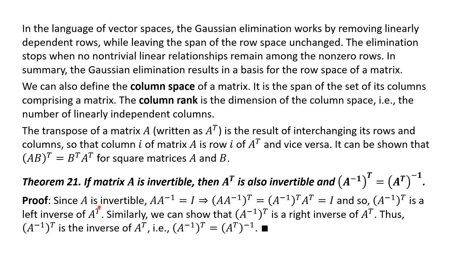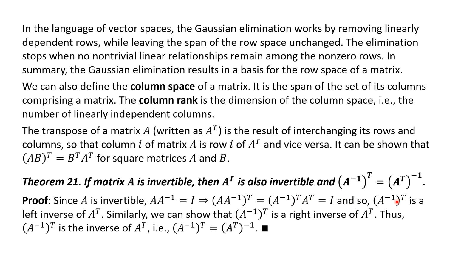So since A is invertible, by definition, that means that there's some matrix, which we call A minus 1 or A inverse. When we multiply it times A on either side, we get the identity matrix. And then using this property we just talked about up here, we have the transpose of A times A inverse equals A inverse transpose times A transpose.